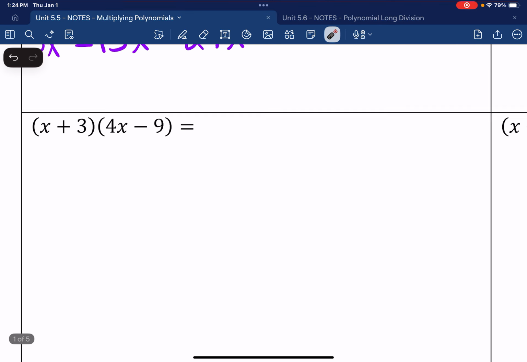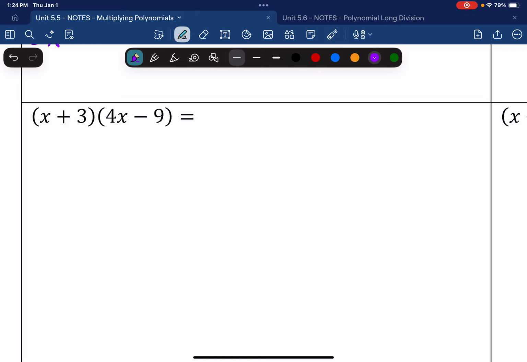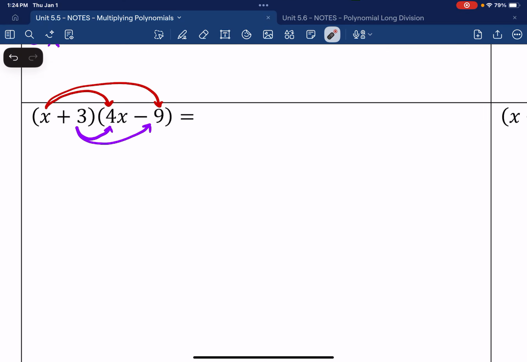All right, we also have this x plus 3 times 4x minus 9. We did do this in Algebra 1, but let's review, okay? So when I have a binomial times a binomial, that means I need this x multiplied to both terms inside the parentheses, and then I need the 3 multiplied to both terms inside our second parentheses. So let's do that. What is x times 4x?